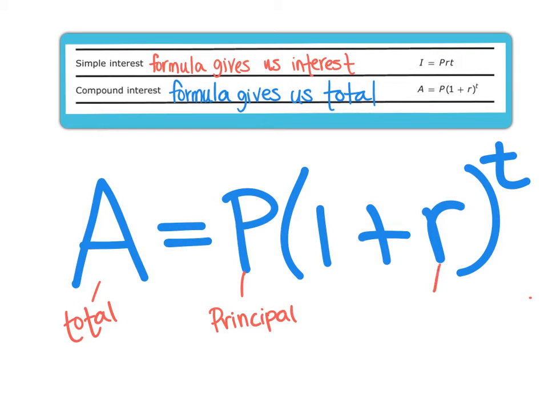Our R still stands for rate. And just like we saw in simple interest, remember that our rate is always a decimal value, not a percentage. So you have to go through those conversions to convert your percents back to decimals. And then remember that the T still stands for time, and time is still measured in years.